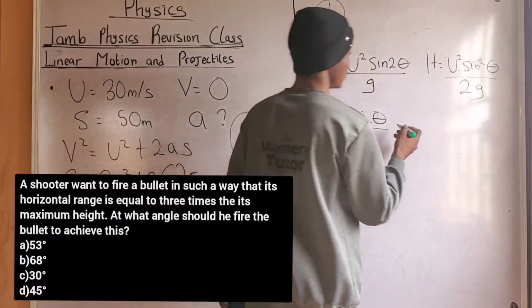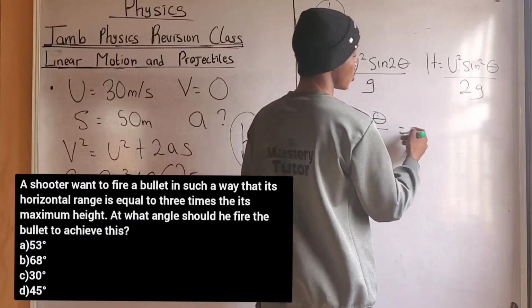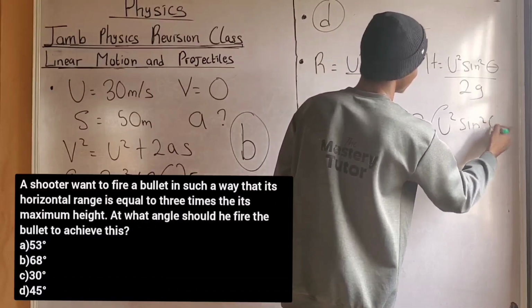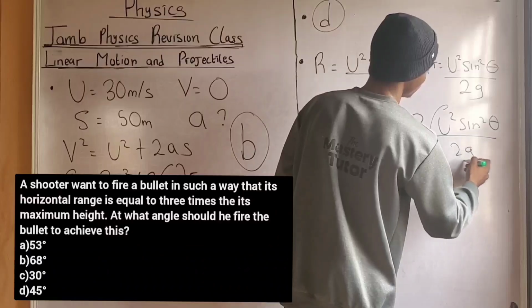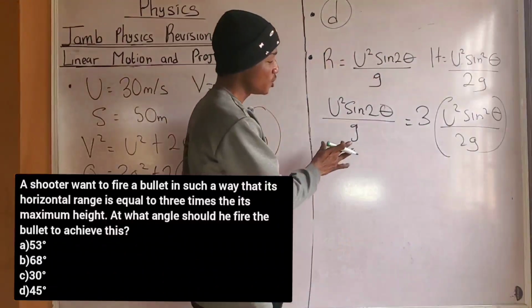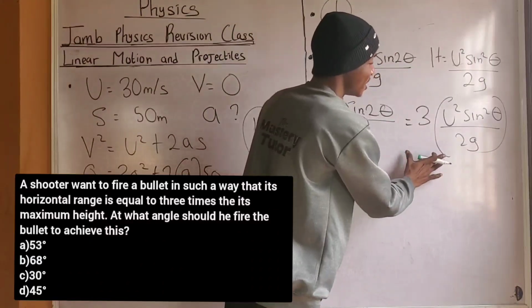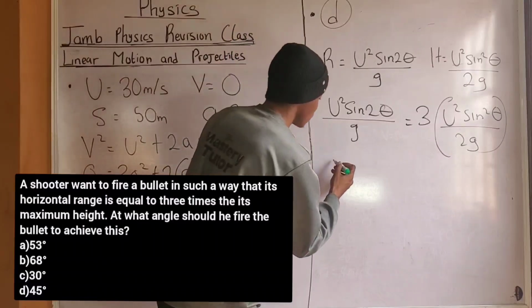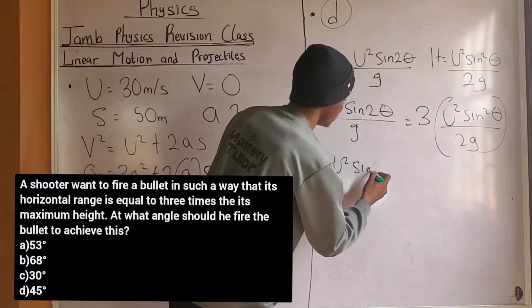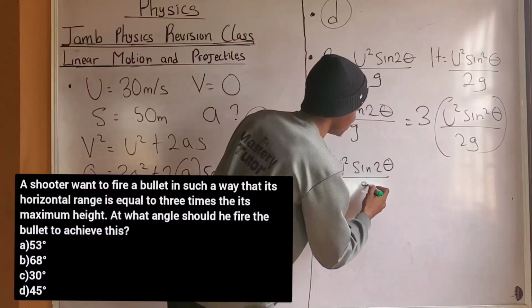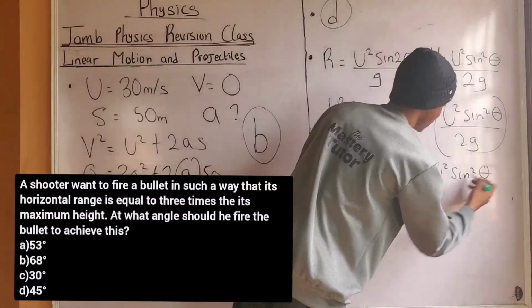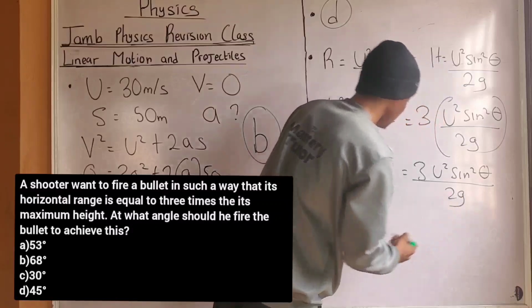So at what value will this be equal to 3 multiplied by u squared sine squared theta all over 2g? When you equate these, the next step is to simplify. So I'm going to have u squared sine 2 theta all over g equals 3u squared sine squared theta all over 2g.